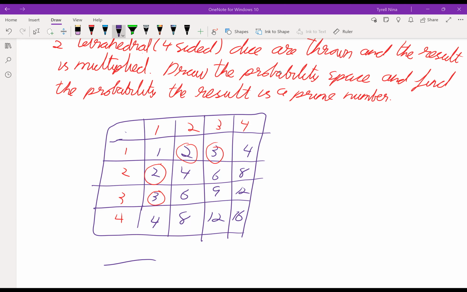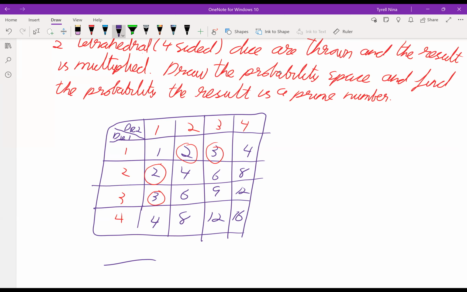So you draw the table with your two outcomes, die 1 and die 2. I write out all the possible outcomes. I have my four results here, 1, 2, 3, 4, and my four results here, 1, 2, 3, 4. And I multiply 1 by 1, 1, 2 by 1, 2, 3 by 1, 3, 4 by 1, 4.